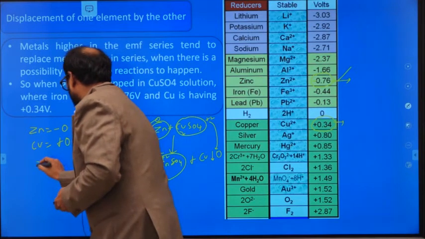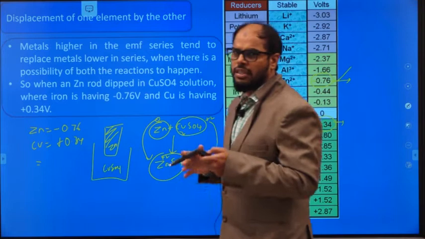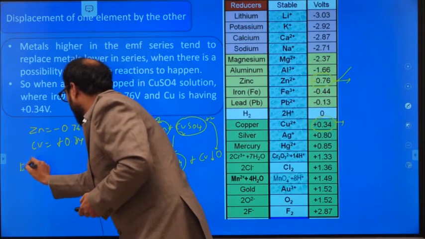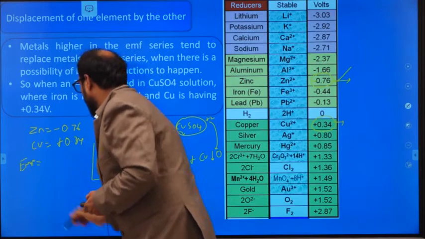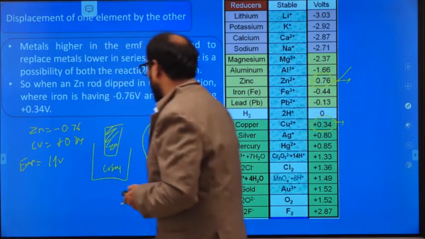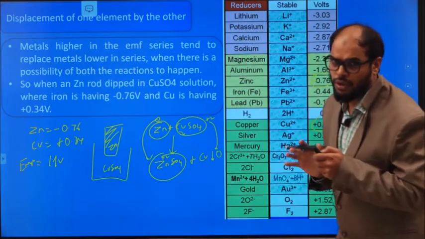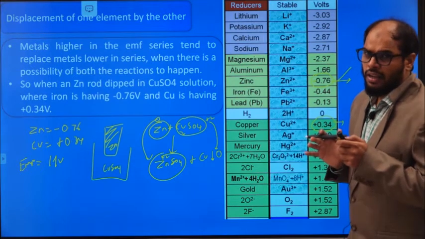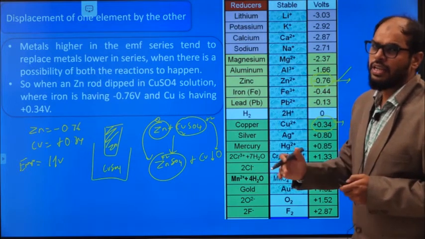This displacement reaction can be easily confirmed by calculating the EMF, that means the cell potential, which comes to 1.1 volts. Since the EMF value is positive, we can be sure that the reaction is spontaneous.